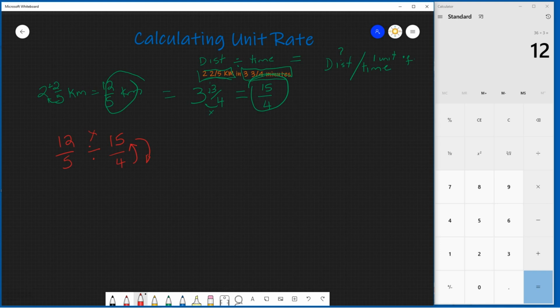So in this case, we'll have 12 over 5 times 4 over 15, right?